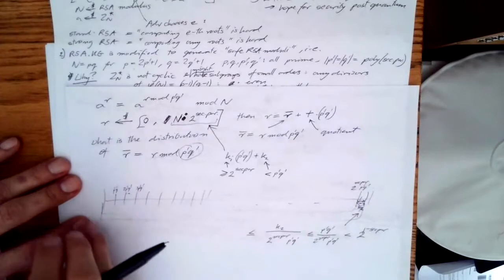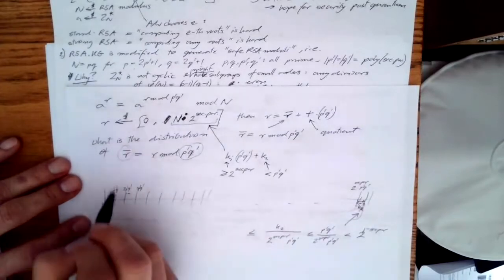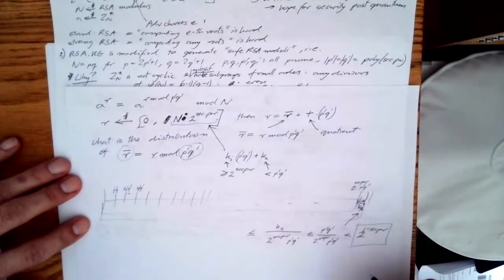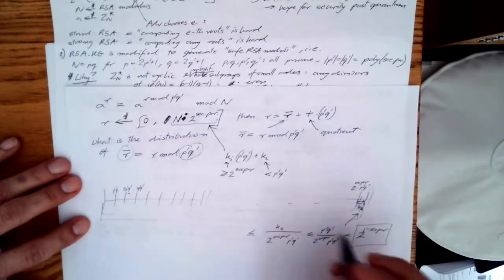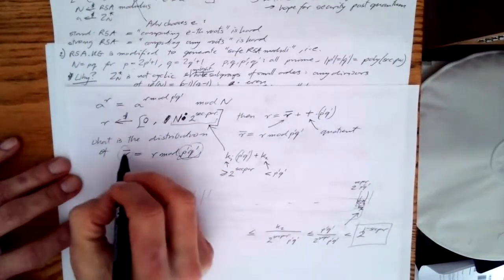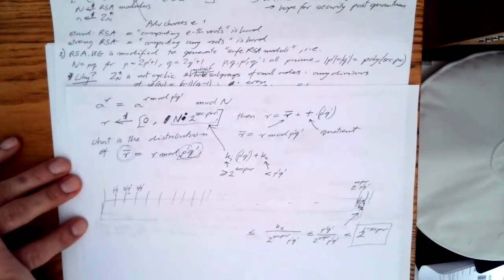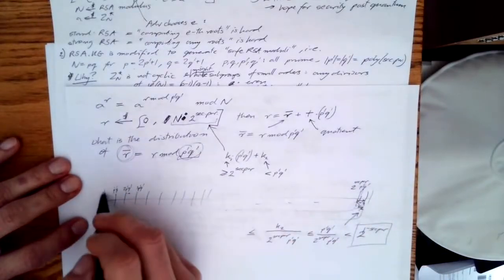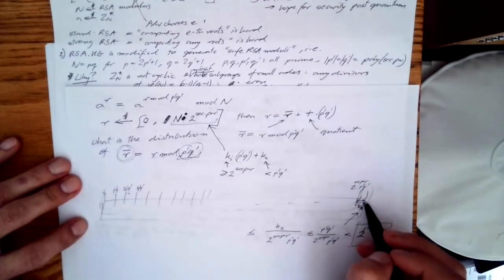So therefore, the statistical distribution here is at most this far from perfectly uniform mod p prime q prime, right? Because this generation of a random r hat was like this. First of all, I had a choice of either picking something from here or picking something from here.